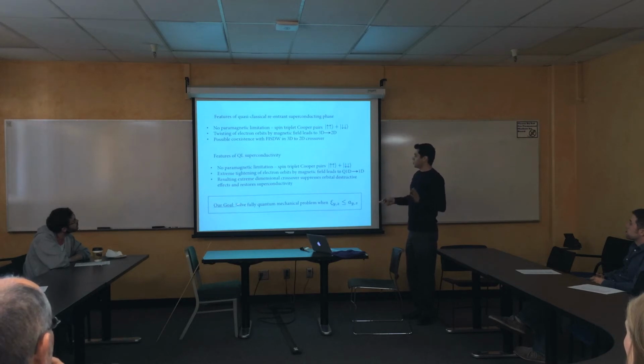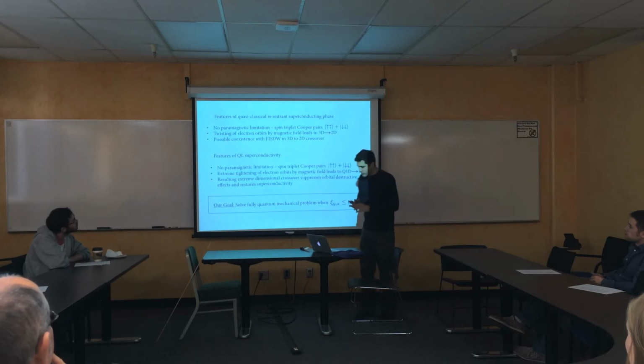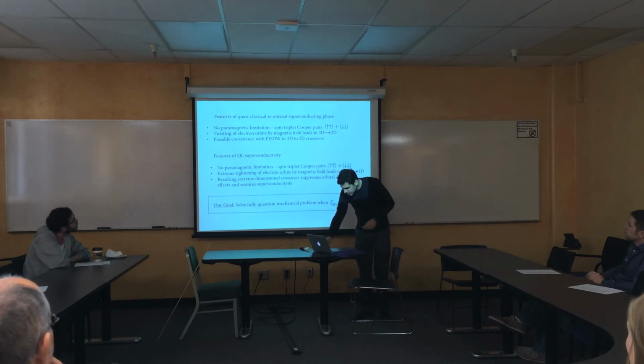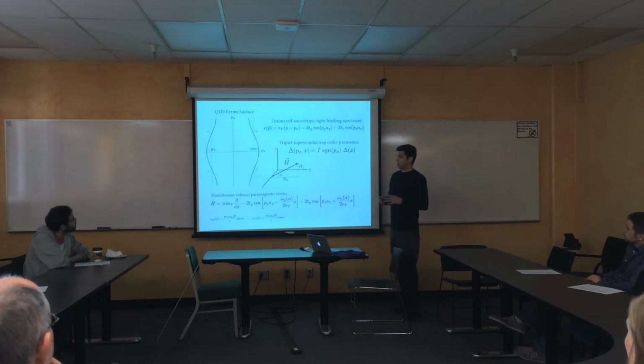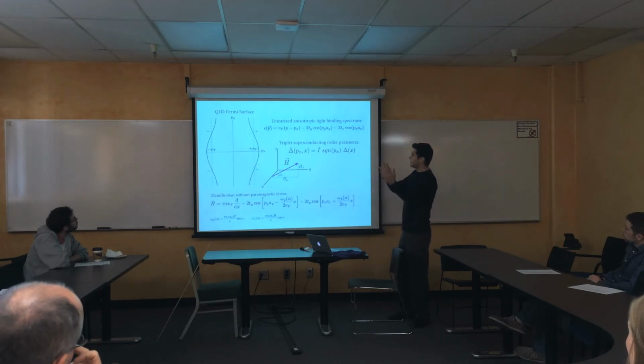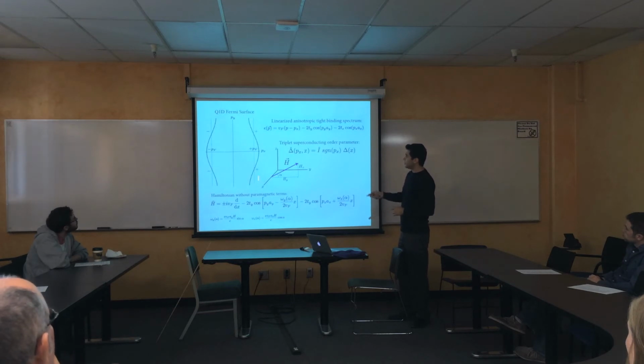Okay, so the goal is to solve the fully quantum mechanical problem, and the next slides will be a little bit technical, but I will try to explain what everything means. So for quasi-1D compounds, typically the Fermi surface is two open sheets which are slightly warped. They extend in the z direction, and they're centered at plus and minus p Fermi, right?